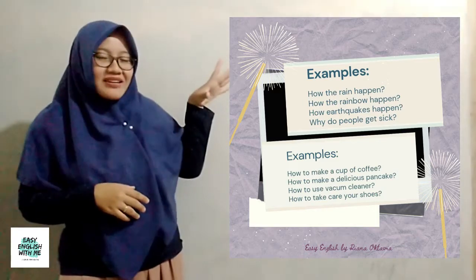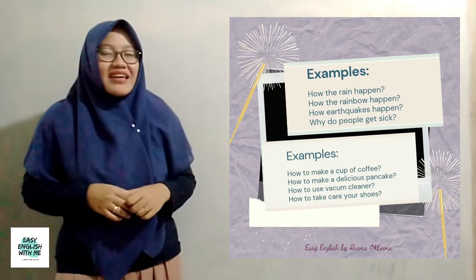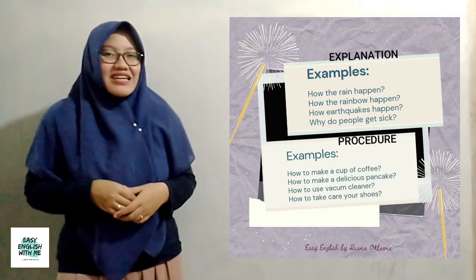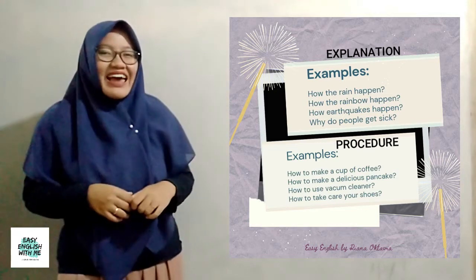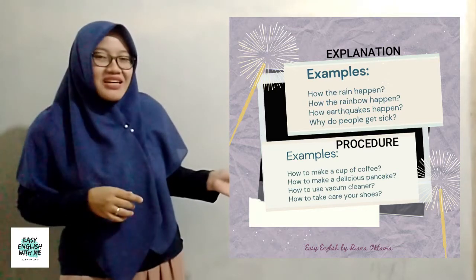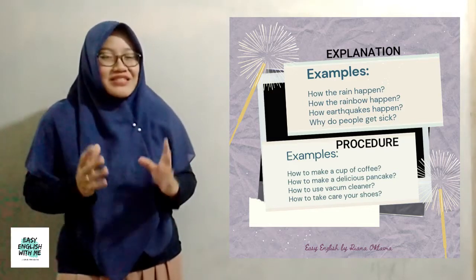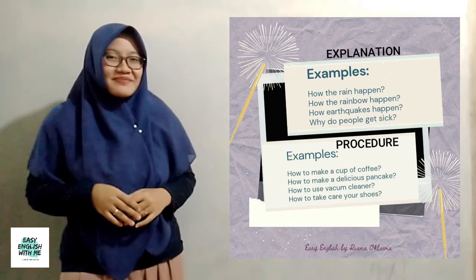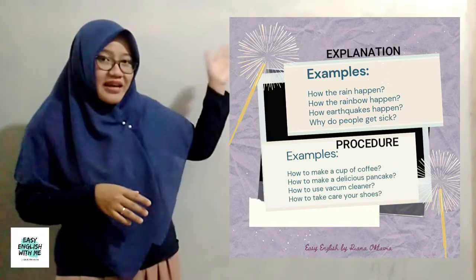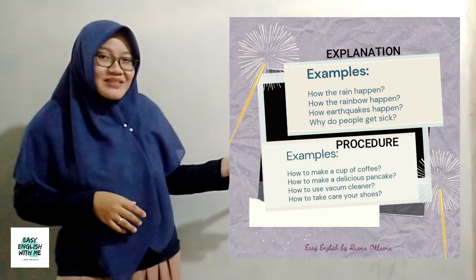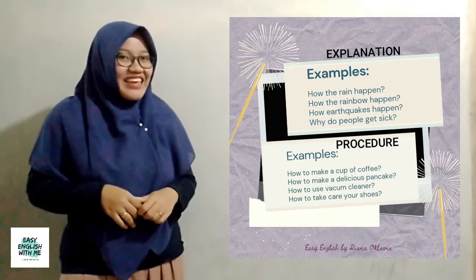Box number 1 or box 1 is about example of explanation text. You can read it by yourself. And box number 2 is about examples of procedure text. So, can you find the differences between explanation and procedure text? Yes, thank you.